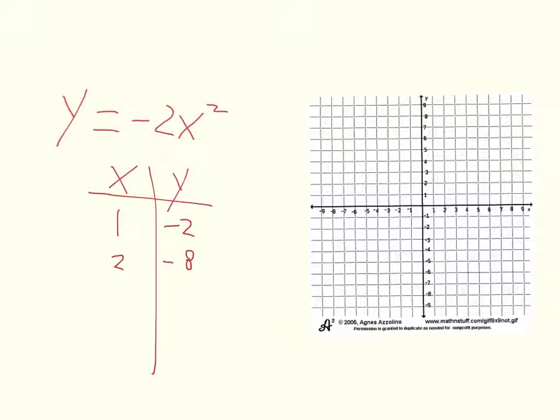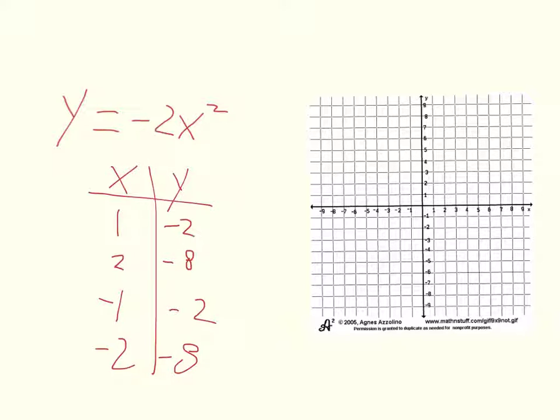And that's basically all that can fit on the graph. It's the same way going the other way. So go with -1. -1 squared is 1, times -2 is -2. And -2 squared is 4, times -2 is -8. So now you know it's the same thing on both sides.